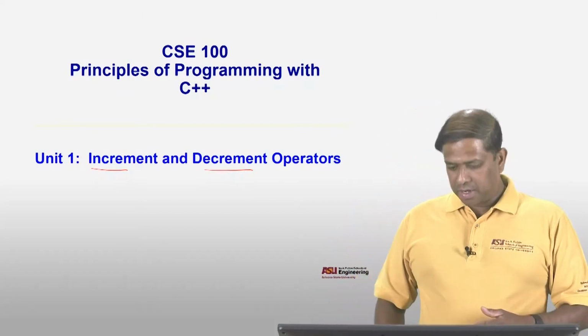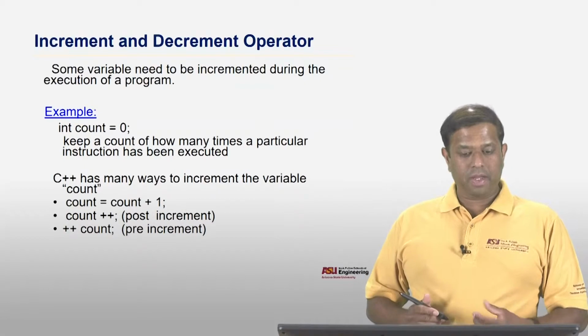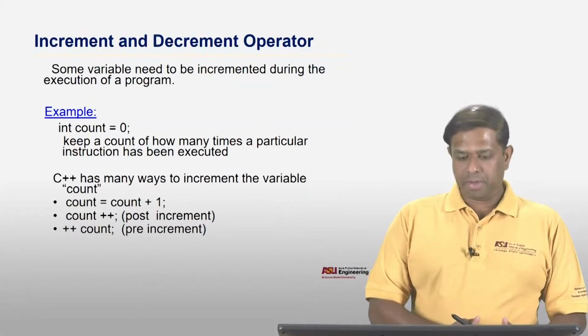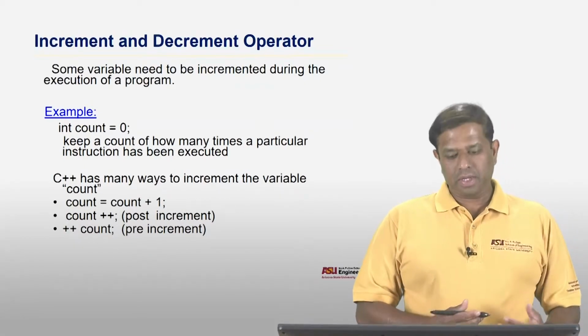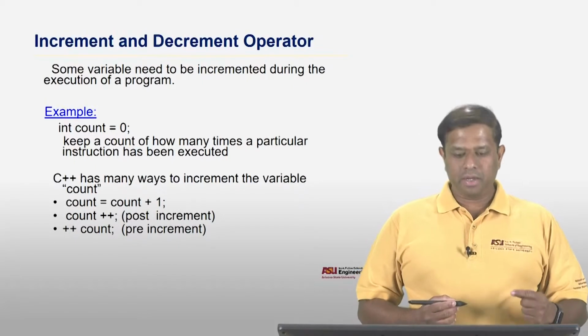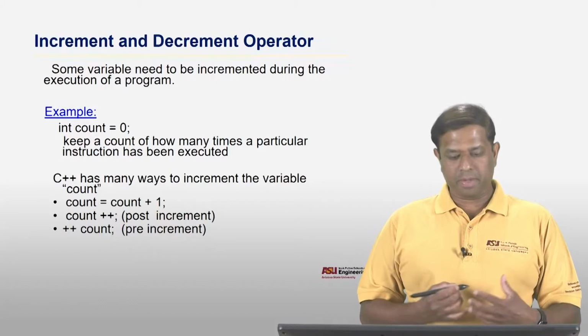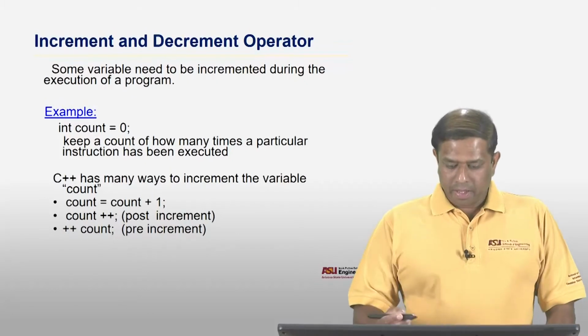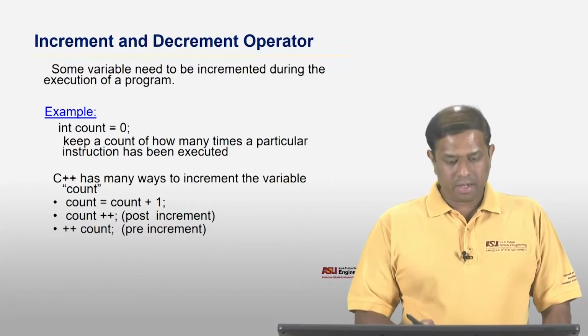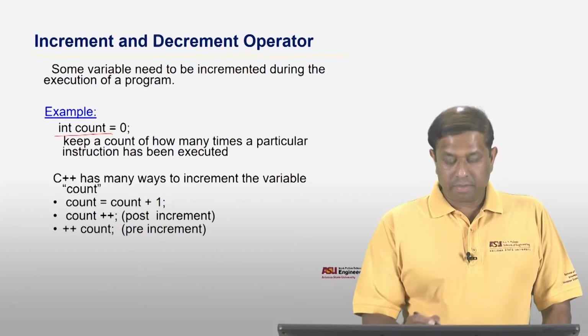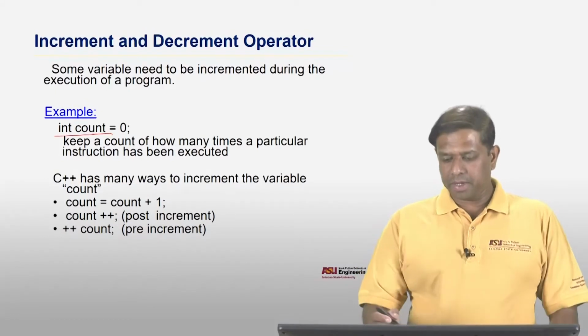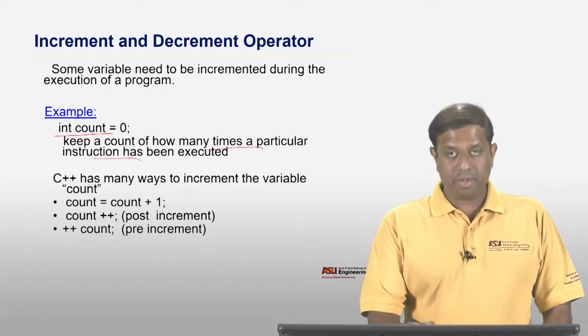All right. Now, what is the requirement for having increment and decrement operators? Usually in a program, we might need to keep a counter to keep track of how many times a particular thing is happening, right? If you have a situation like that, we can define an integer variable to keep track of how many times a particular instruction has been executed.